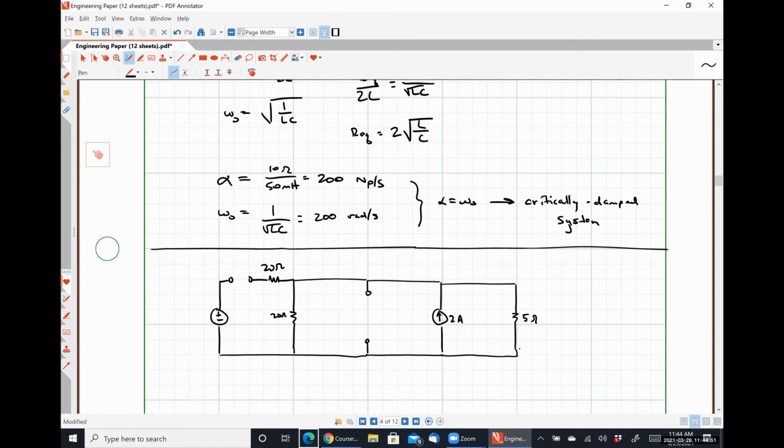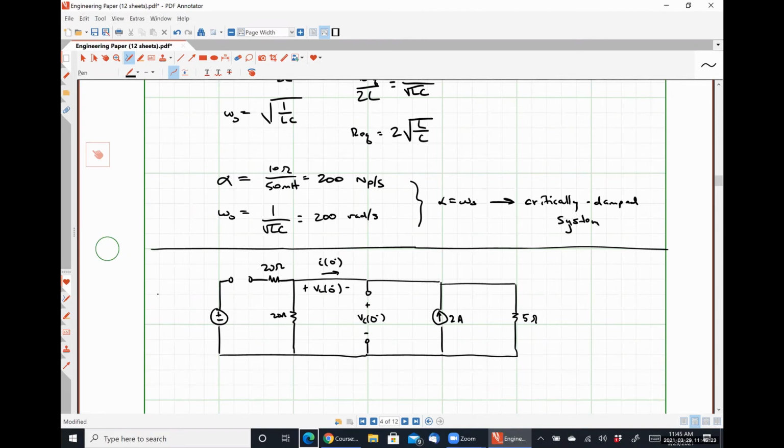So let's define some quantities here. This is going to be VC at 0 minus. This will be VL at 0 minus. This is I at 0 minus. And we're only going to worry about our last step, which is just finding the inductor current for this guy, just because it's reasonable.